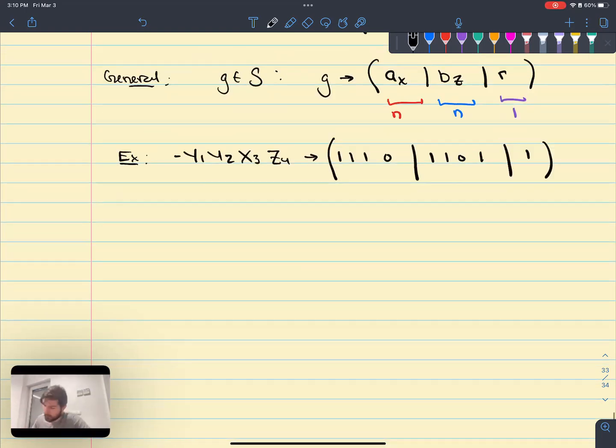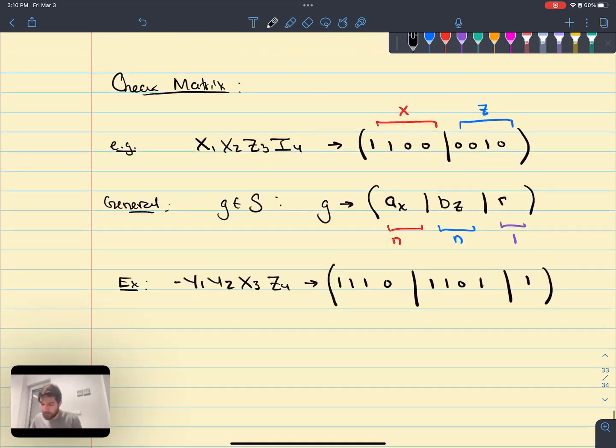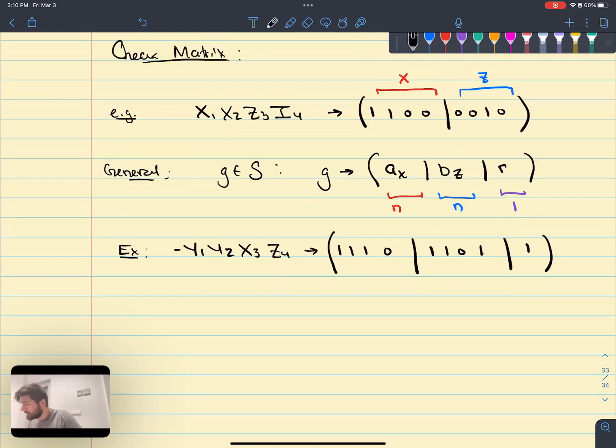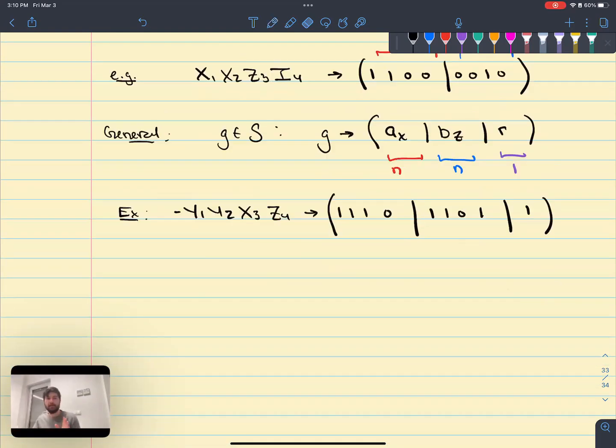So that's another example. So now we can construct this check matrix, which is basically, say I take a candidate set of, so in order, what I said before was to specify a stabilizer state, you need n Pauli operators.